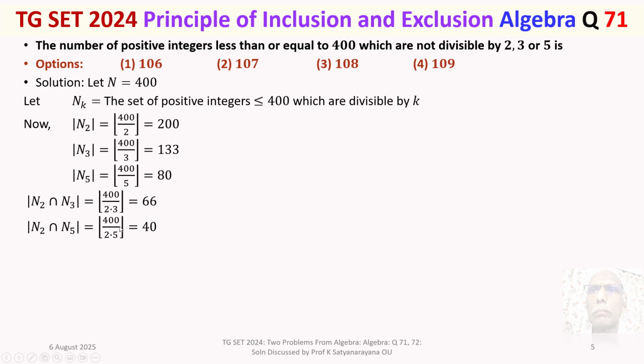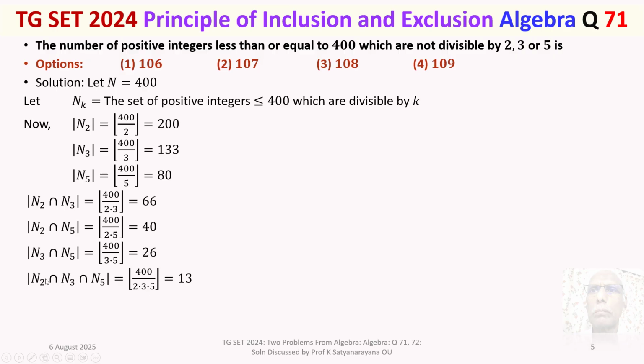Therefore, this is the floor function of 400 by 2 into 5, that is 40. For N3 intersection N5, 3 and 5 are relatively prime. Therefore, it is the floor of 400 by 3 into 5, that is the greatest integer less than or equal to 400 by 15, which is 26.